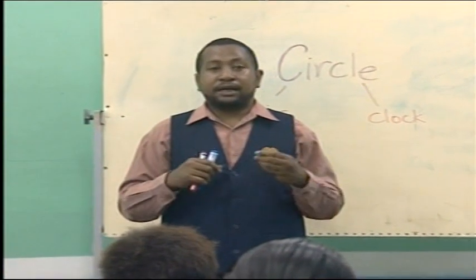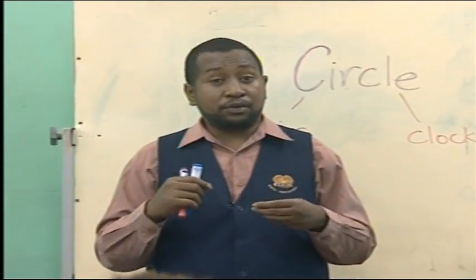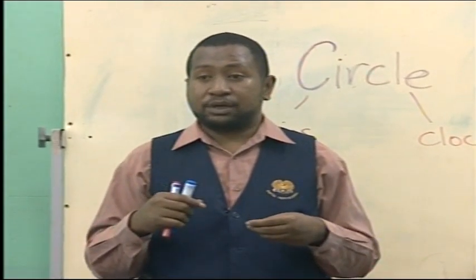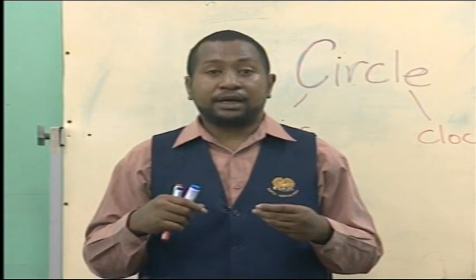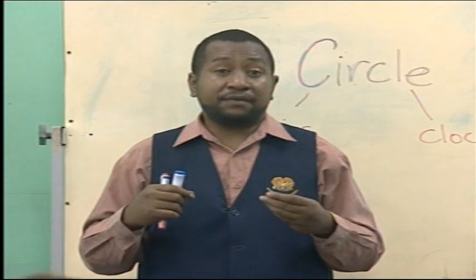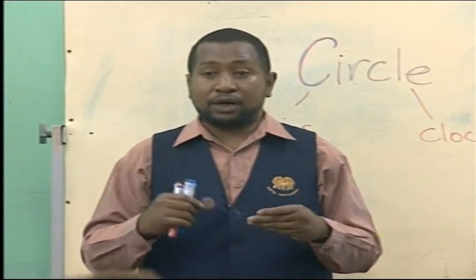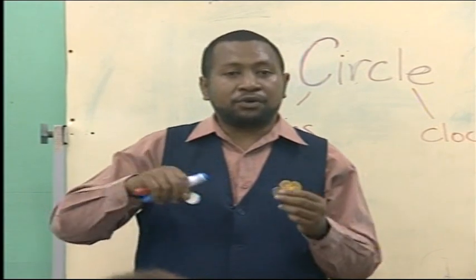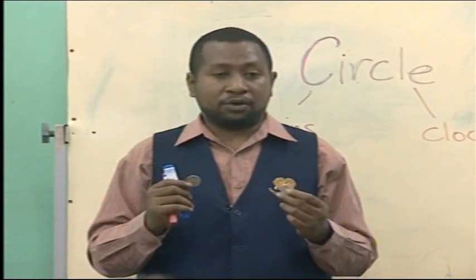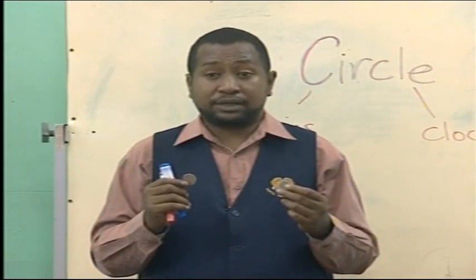Now, in maths classes, there's an instrument or tool that they use to draw circles. It's called a compass. But if you don't have a compass, you can use circular objects like a coin or a tin lid to draw a very good circle. Is that clear, 70s students?